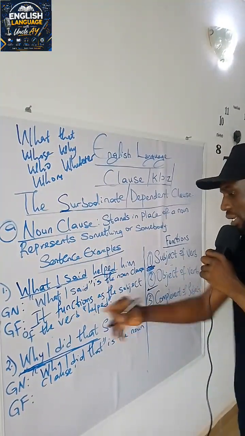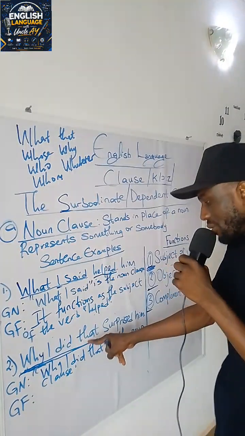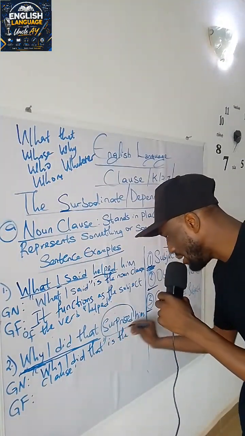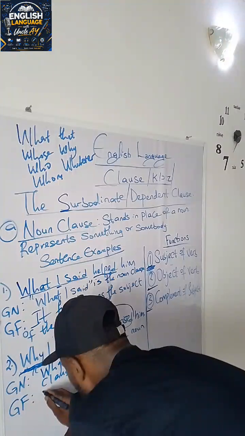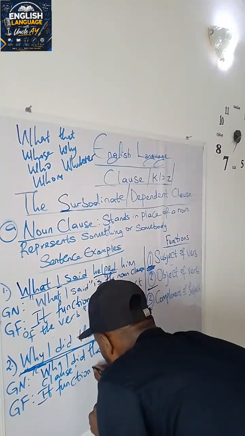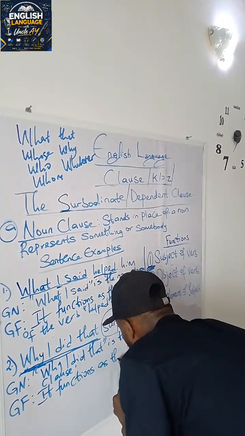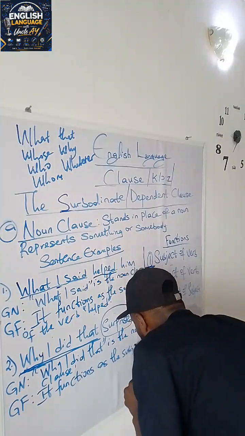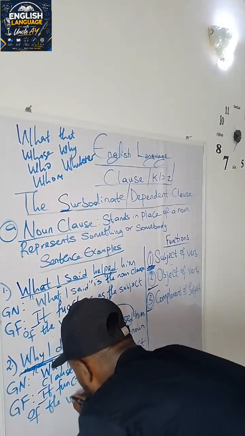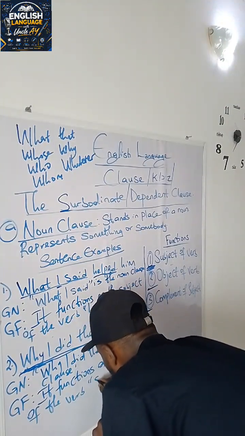Subject of the verb. So definitely it functions as the subject of the verb. So the verb here in question is surprised. So it functions as the subject of the verb surprised.